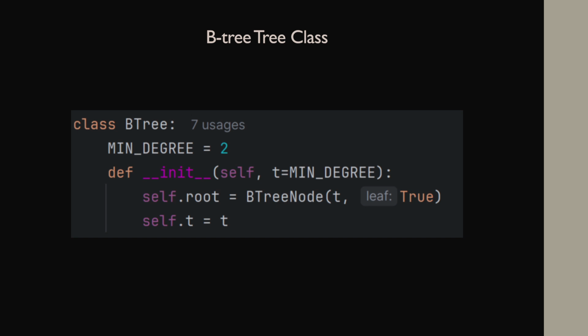So that means it would just start off as a leaf node because it's the only node at the start, and that line just initializes the root node. And then we have self.t equals t, which stores the min degree parameter, so it can be used during operations like insertion and the splitting of nodes once we reach overflow.